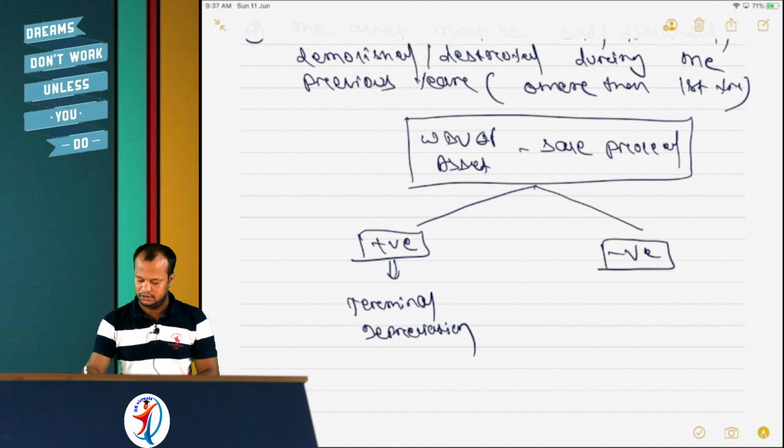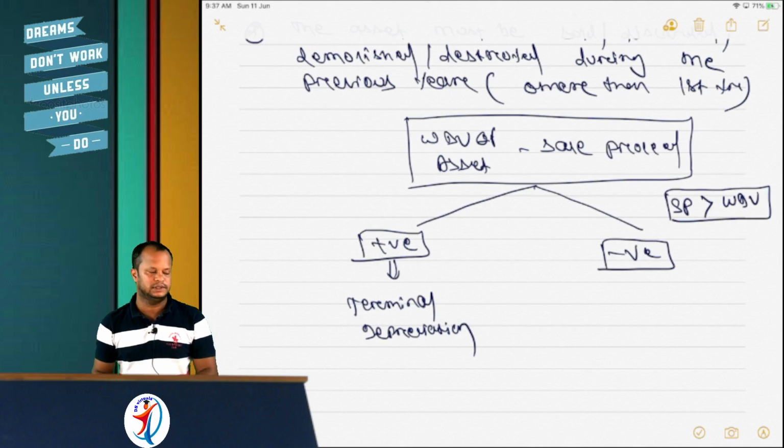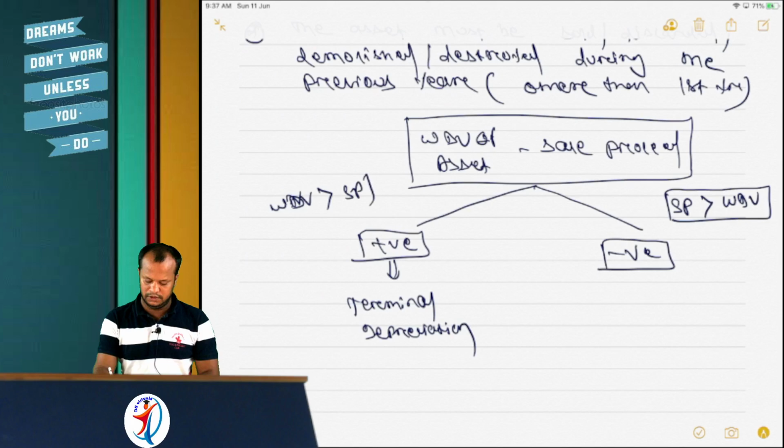If the result is negative, it means sale proceed is greater than WDV. When will the result be negative? When sale proceed is greater than WDV. When will the result be positive? When WDV is greater than sale proceed.